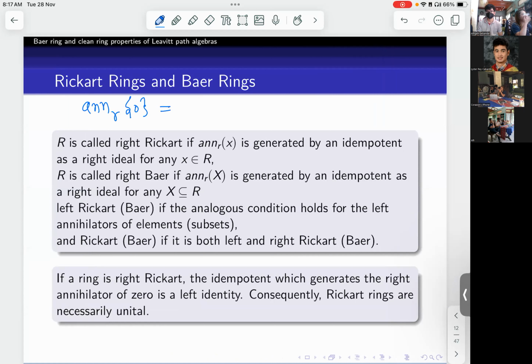The annihilator of 0 would be the whole ring R. But then this has to be generated by some element e, and thus this e would act as an identity. And hence Rickart rings are necessarily unital. So in the definition of a Rickart ring, we need not assume that they have an identity. It's a consequence.